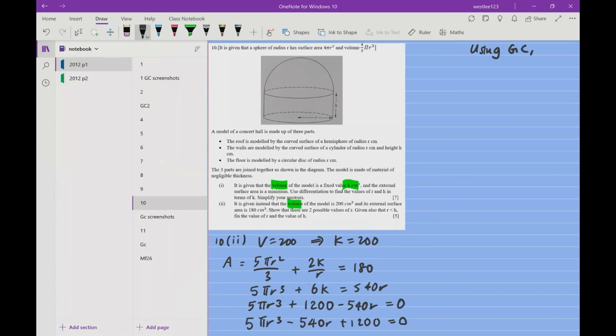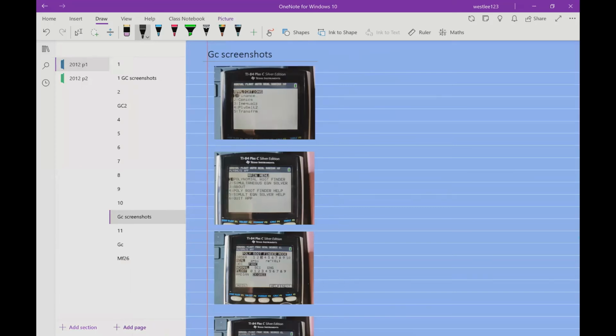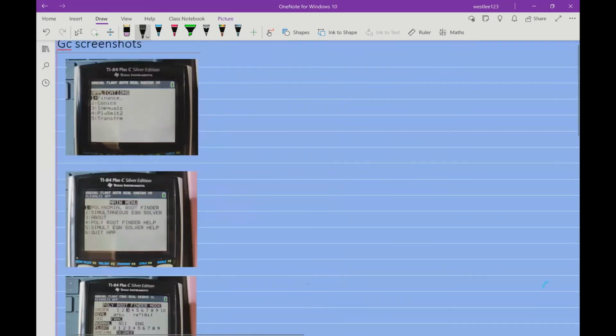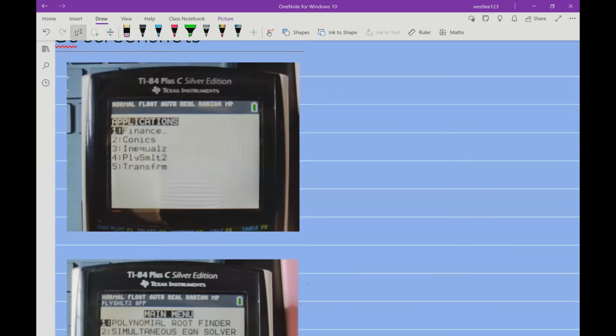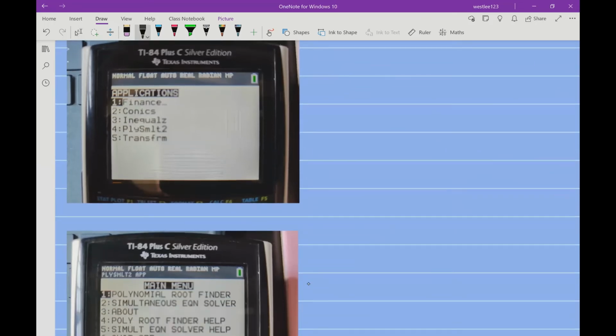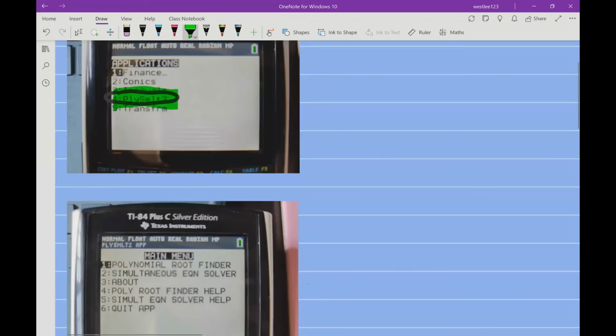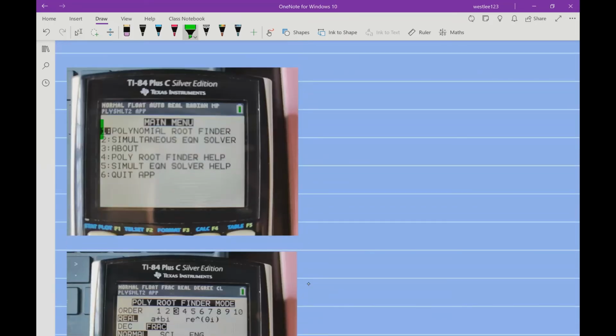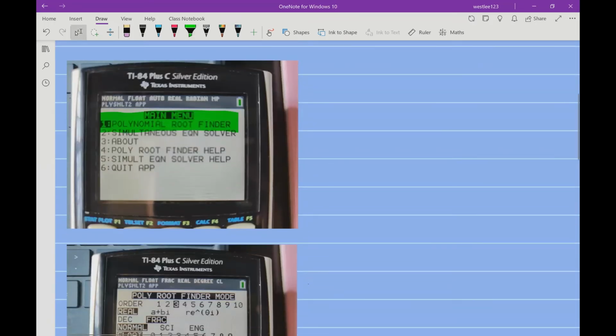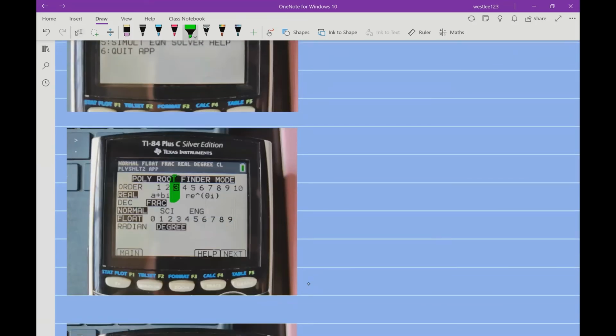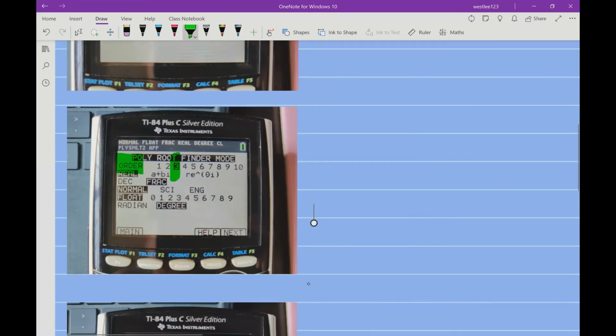Okay, so for your convenience, I have saved some screenshots for you to see. We will go to application, choose number 4, polynomial. Go to polynomial root finder, degree 3, order 3, because this is a cubic equation. Then you go next.